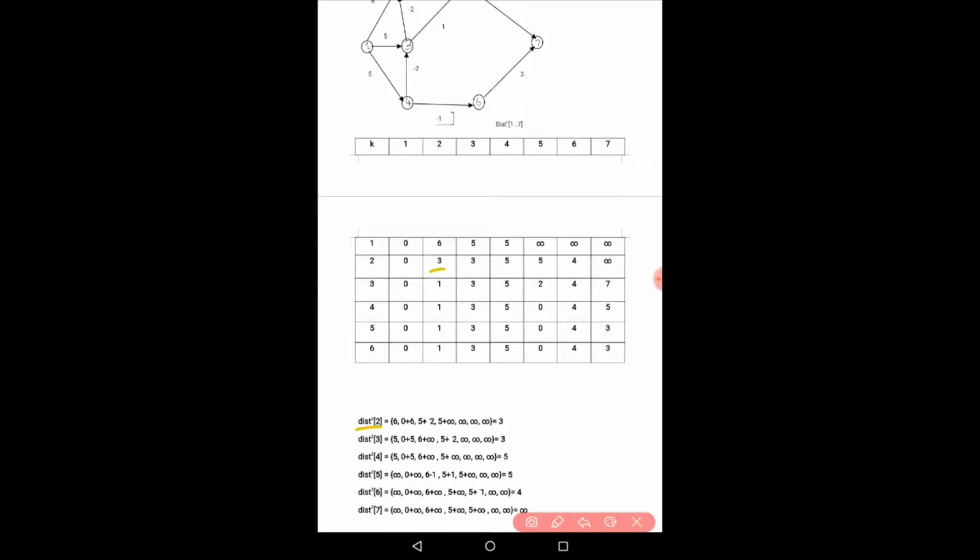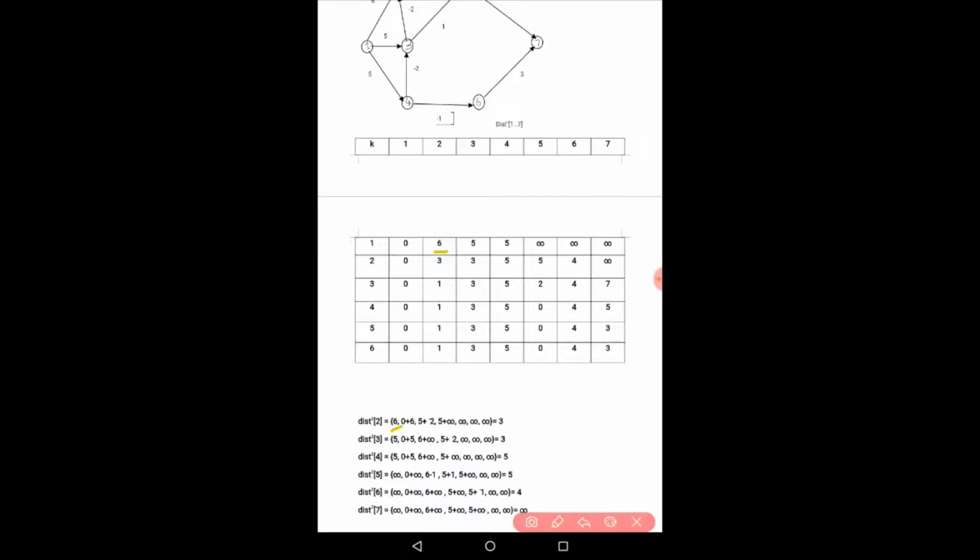This is the current vertex, whatever we are doing, for vertex 2. From the current vertex, its previous distance value is part of the set. So that is 6 here, the previous distance value.